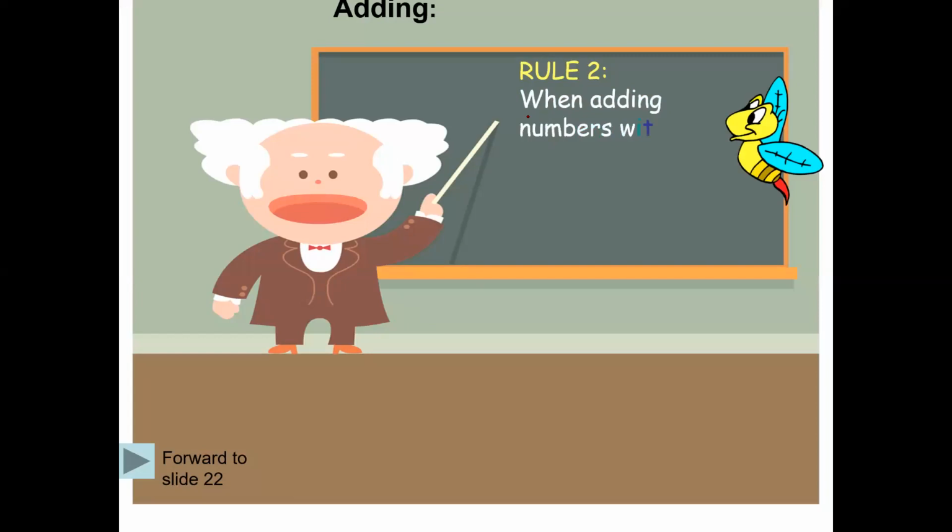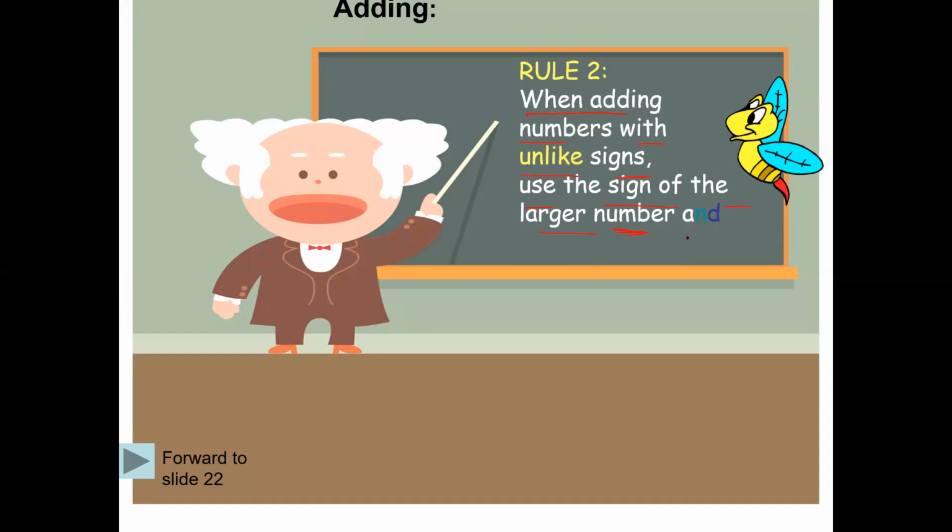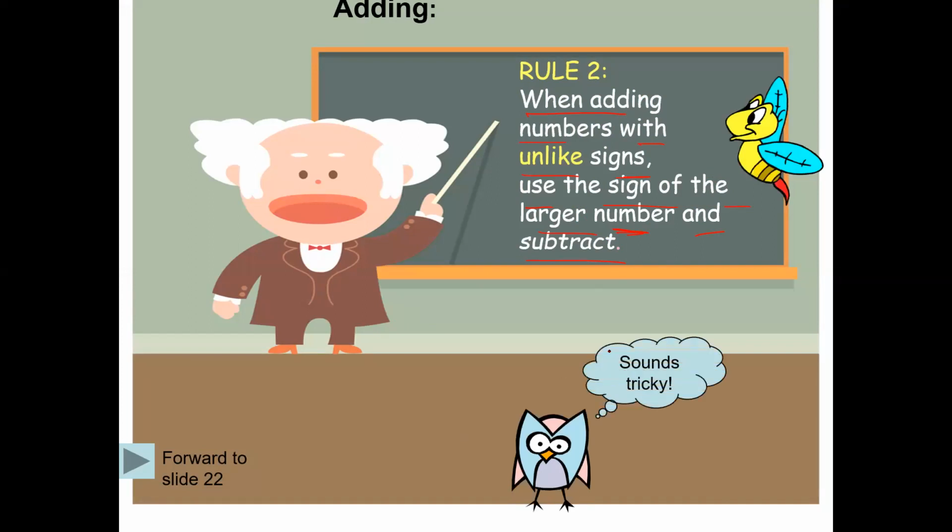Rule number 2 is when adding numbers with unlike signs. So what we have to do, use the sign of the larger number and subtract. This is rule number 2.